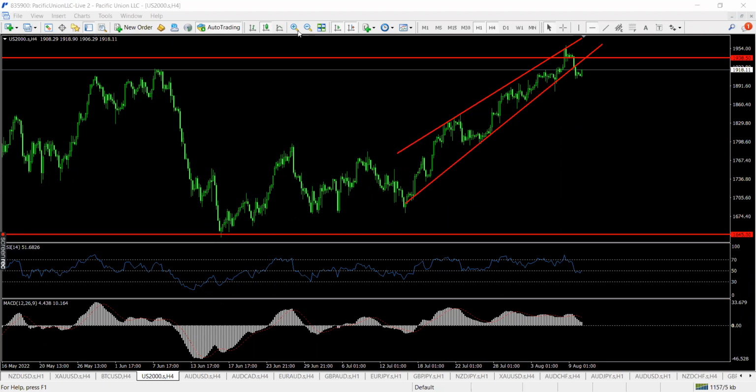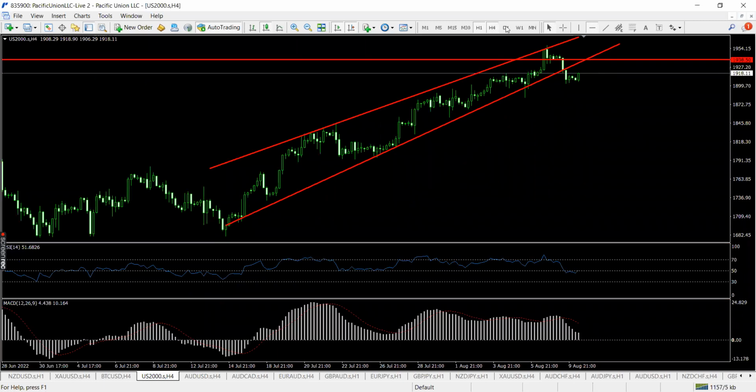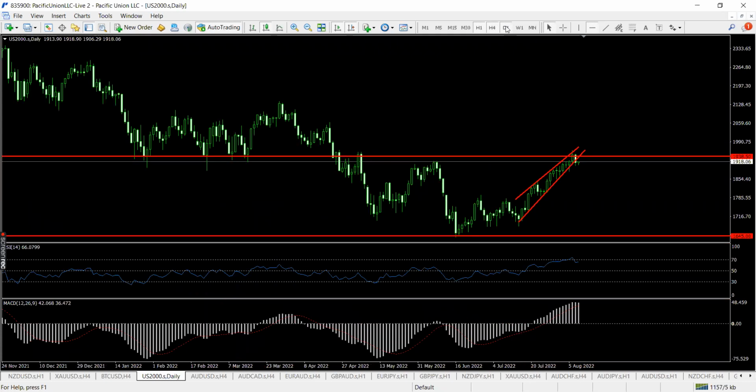Currently, it's looking as if it's going up. Now, this is the scenario here. Let me go to the daily time frame. On the daily time frame, we can cite a support, support, support, support, a resistance, and equally a resistance. So we're expecting it to sell. That is confirmed on the 4 hour also with the rising wedge. Now, price has broken out of the rising wedge.